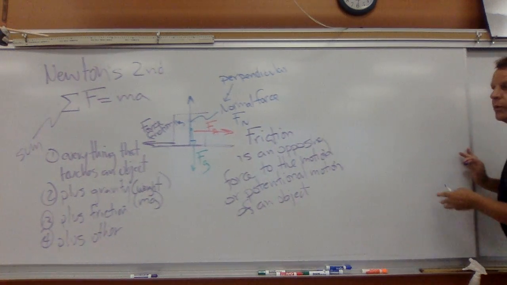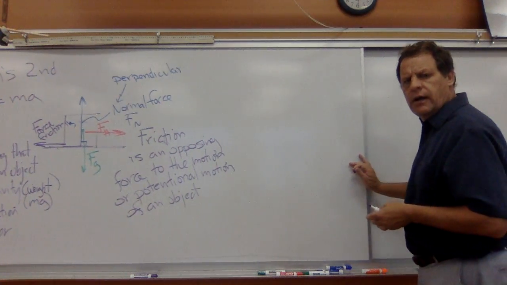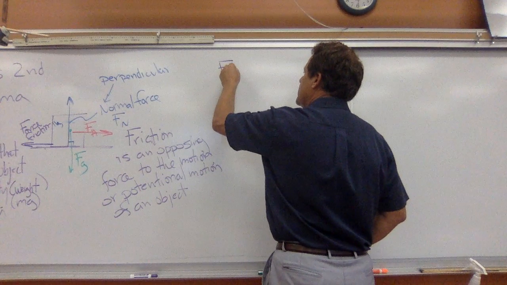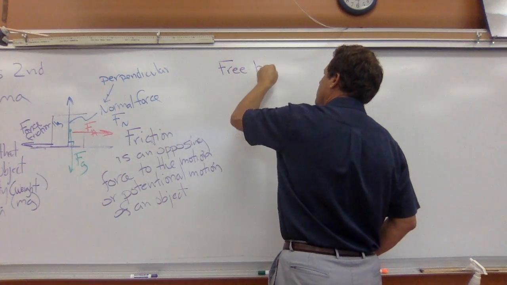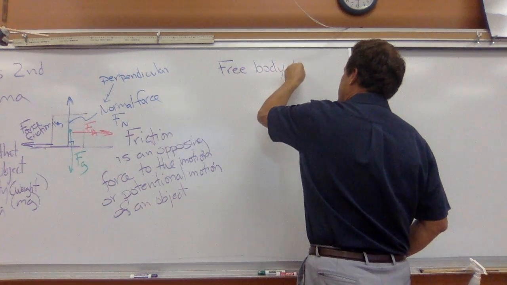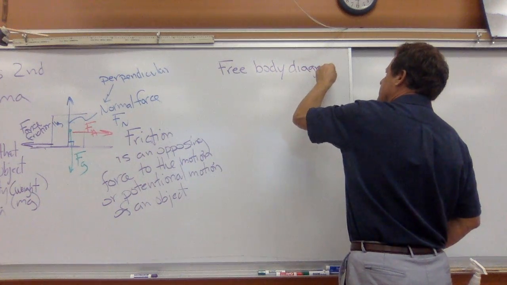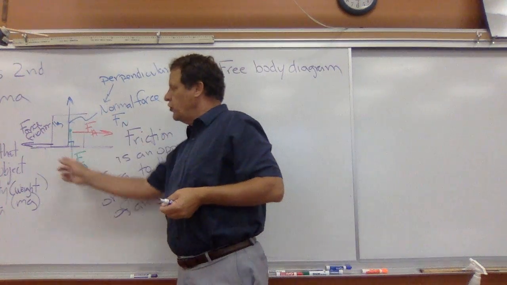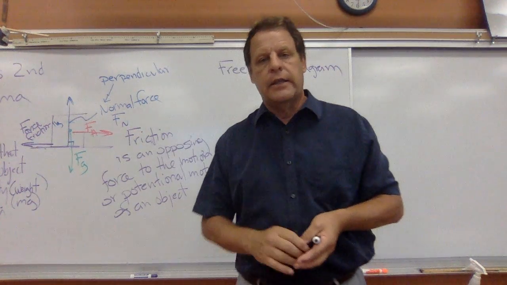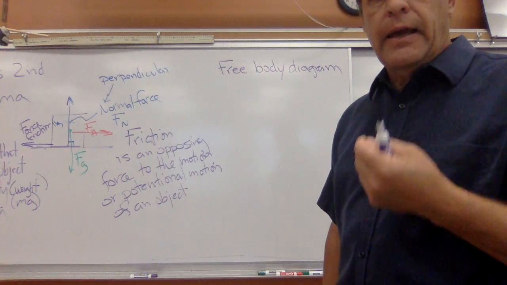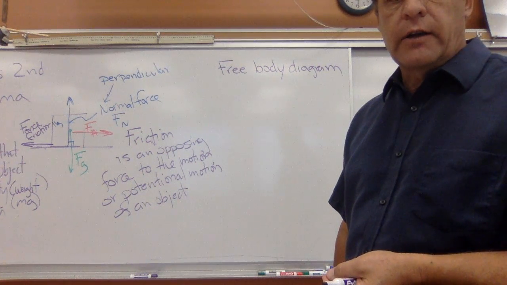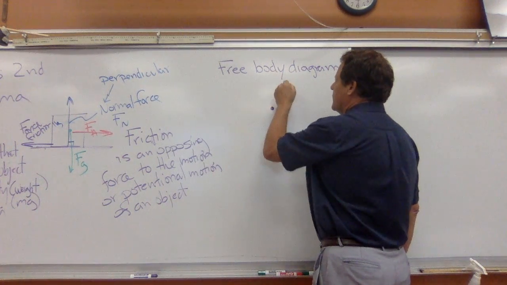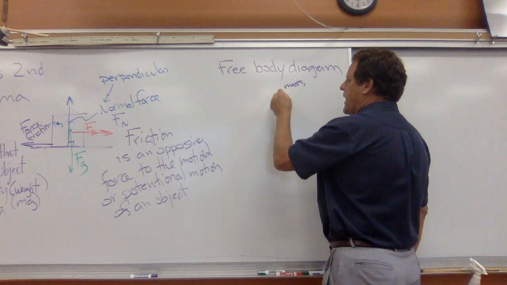Okay, so what we can see here is what we have is a free body diagram. And so what we're going to do is reduce this picture right there just to dots and arrows that are emanating from those dots. Okay, and so this little dot is going to be the mass.